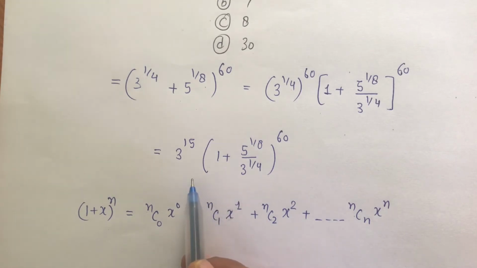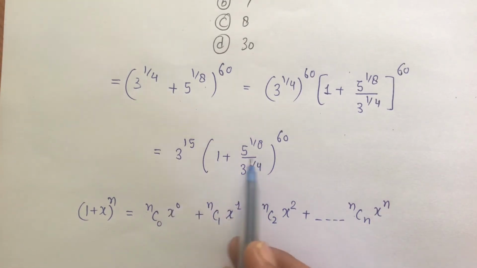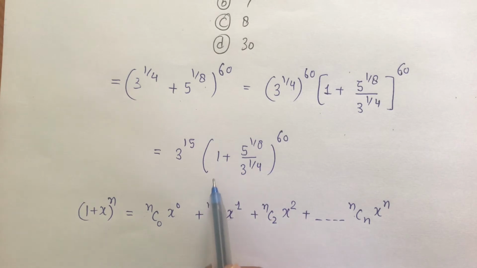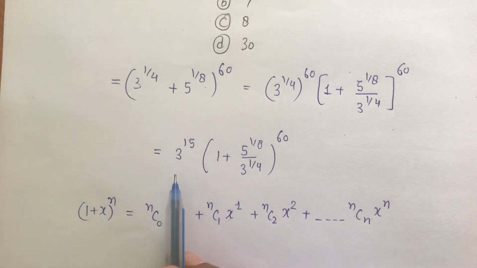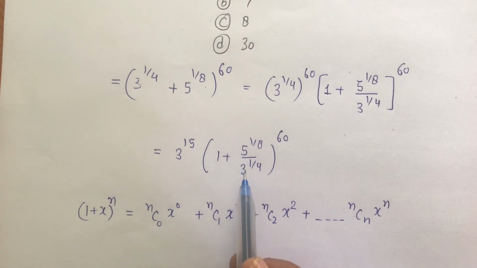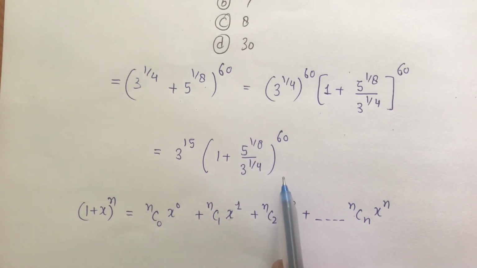So if you write the expansion of this now, 3 raised to the power 15 will be coming in every term, that is rational, no problem. nC0 is also rational, nC1, nC2 all rational. The irrational term will become only because of this. So the power of this term should be such that it is a multiple of 8, then that would be a rational term, otherwise it would be an irrational term.